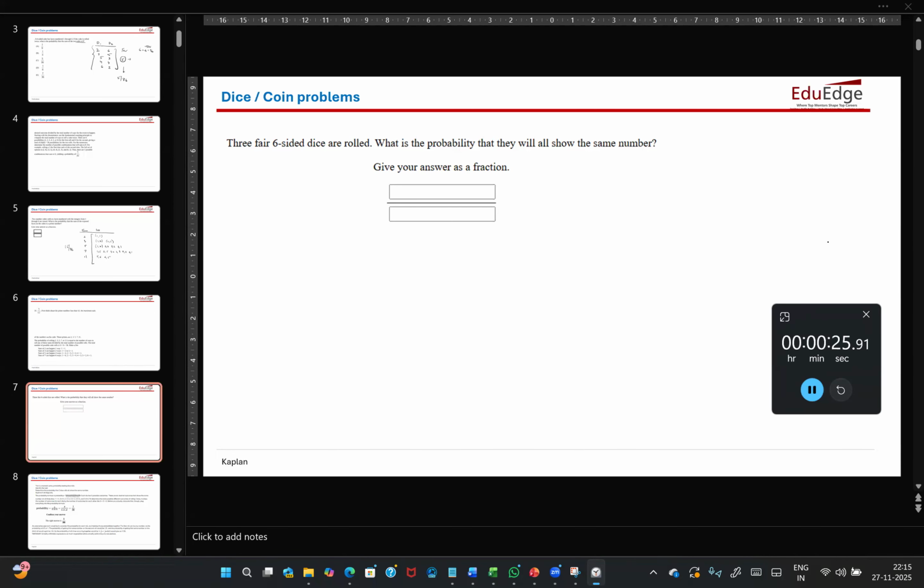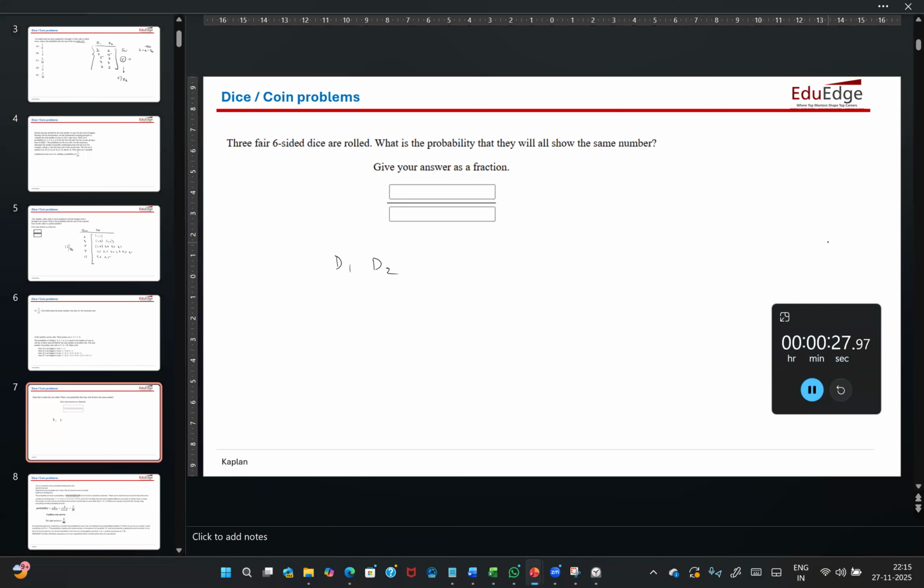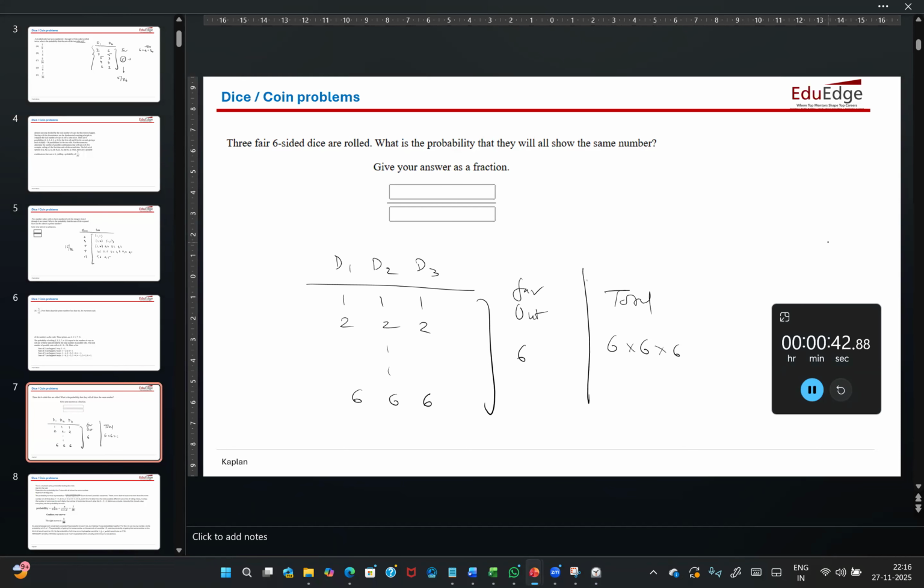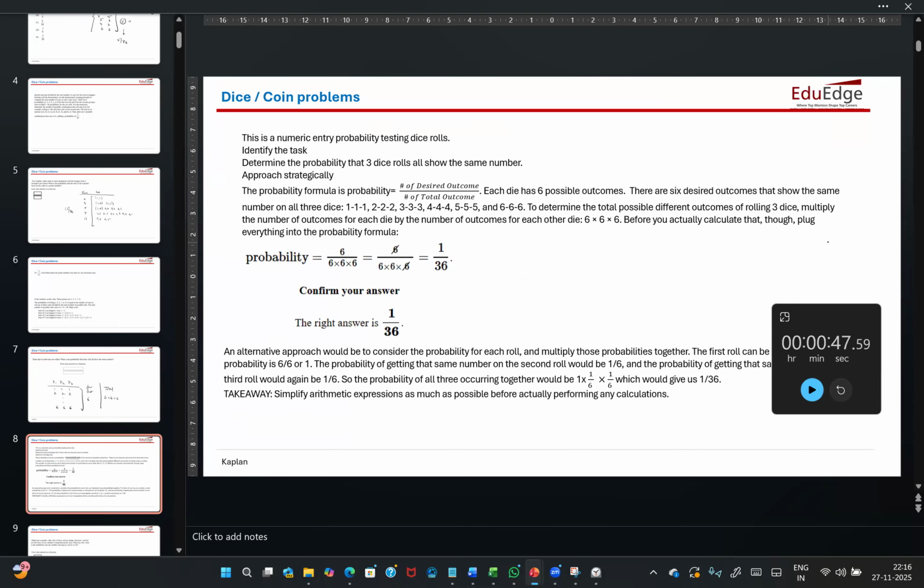Yeah, 1 by 36. So 3 dice, and it can be either this, all the way till this. So 6 favorable outcomes, and total are 6 into 6 into 6. So 6 over 216, 1 by 36. Okay, good. Next.